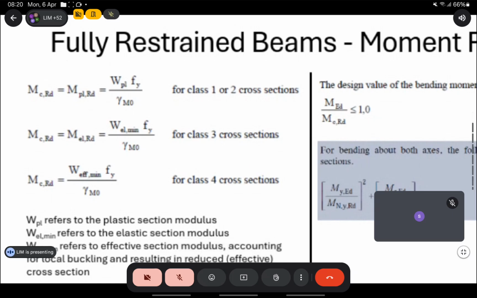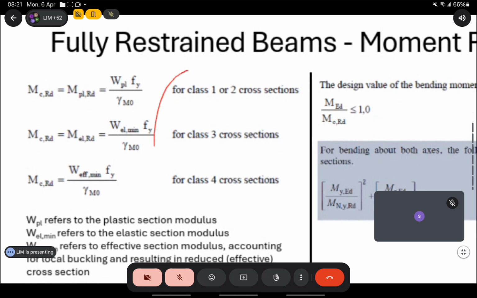For fully restrained beams, the formula you use for the moment of resistance depends on whether the beam is class 1, class 2, class 3, or class 4.